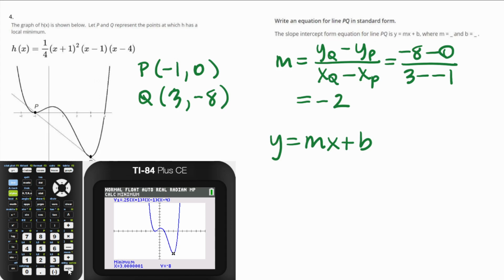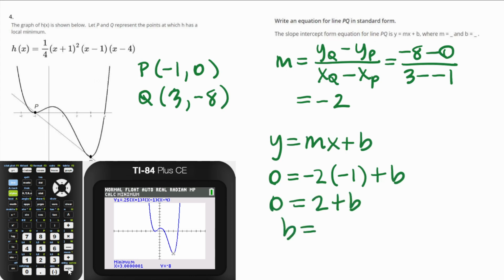So I'm going to plug in y equals 0, m equals -2, and x equals 3. No, pardon me, x is equal to -1 because we're using point p. Then plus b, and we'll solve for b that way. So 0 equals +2 plus b, and then b will equal -2. So m and b are both -2, and the equation of the line is y equals -2x minus 2.